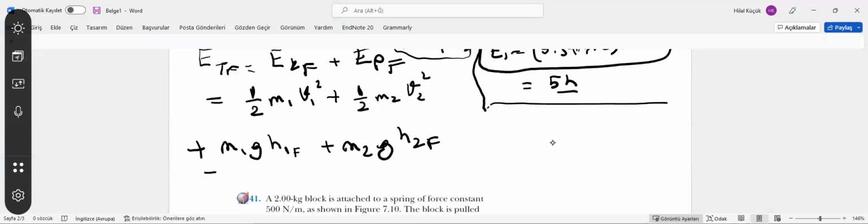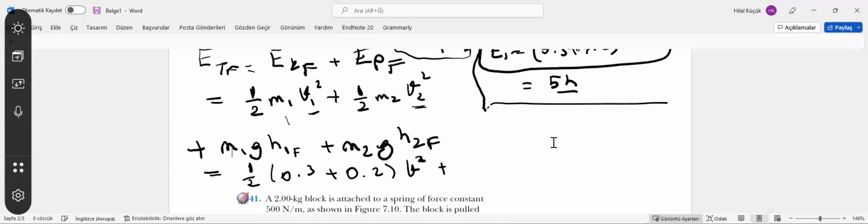Okay, we can continue this part. I know V and V are the same, so you can take it outside of the parentheses. M1 is 0.3 plus 0.2. I know you can solve quicker than me, because I am not right. Times V squared, plus, M1 will be 0.3 multiply 10 multiply H1.